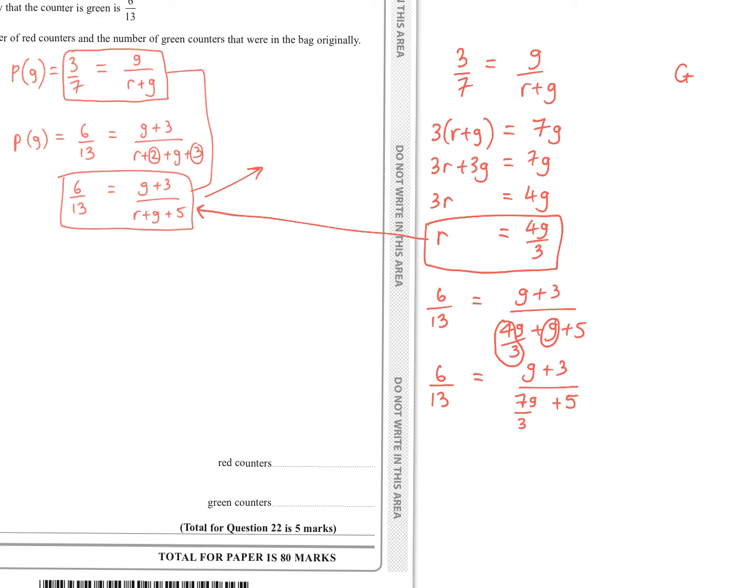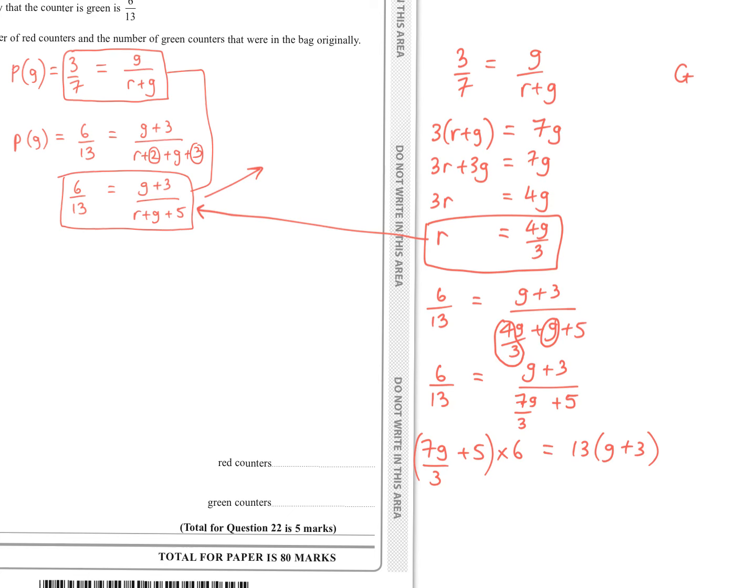plus 5. And now I'm going to just multiply out by cross multiplication, which is really a technique. What you're really doing is timesing both sides by 7G over 3 plus 5, and then both sides by 13. So we'd have 7G over 3 plus 5 multiplied by the 6 and then times both sides by 13.